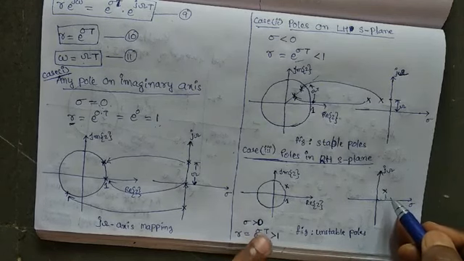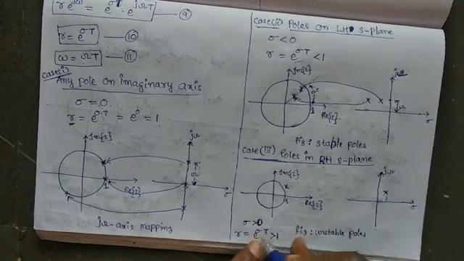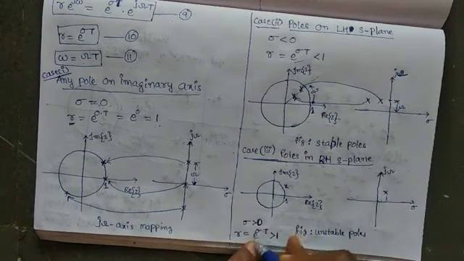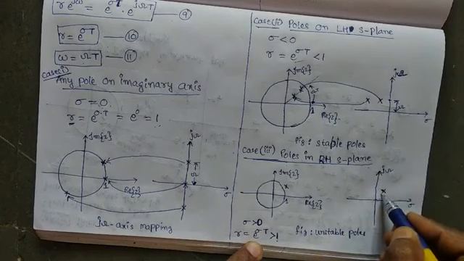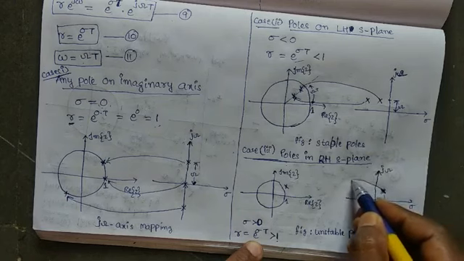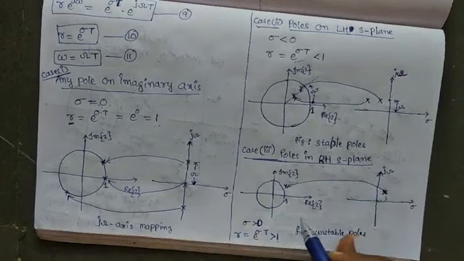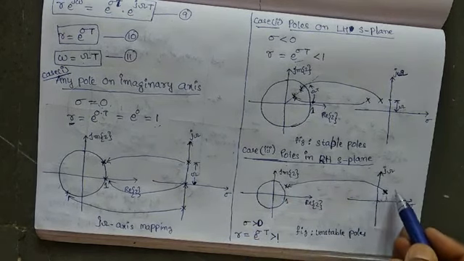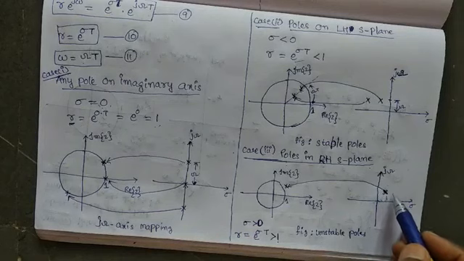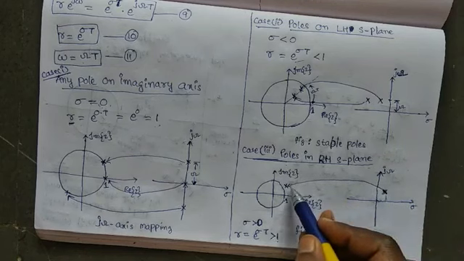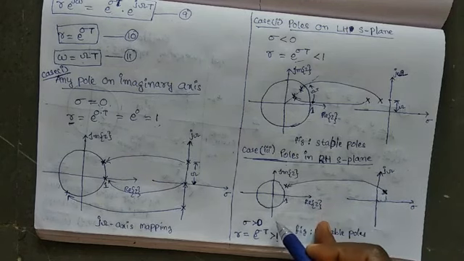R is equal to e power sigma t. With sigma greater than 0, this value is greater than 1, which means R is greater than 1. So the pole in the right half S-plane maps outside the unit circle in the Z plane. These are unstable poles, mapped outside the unit circle in the Z plane.